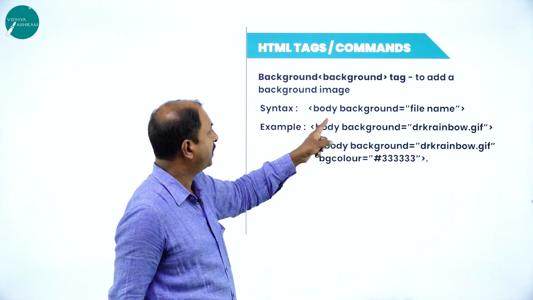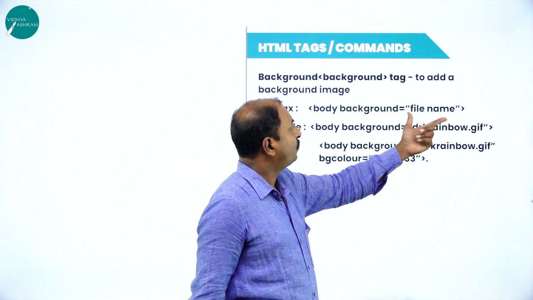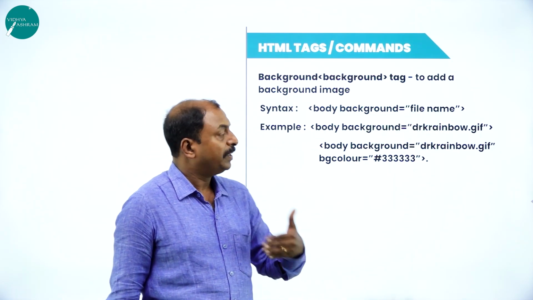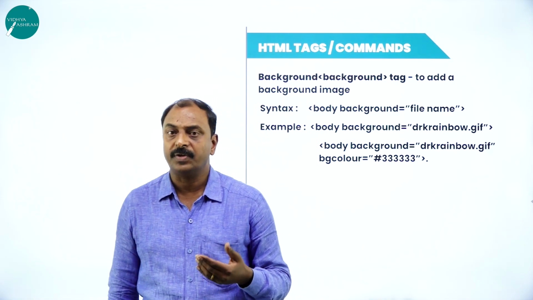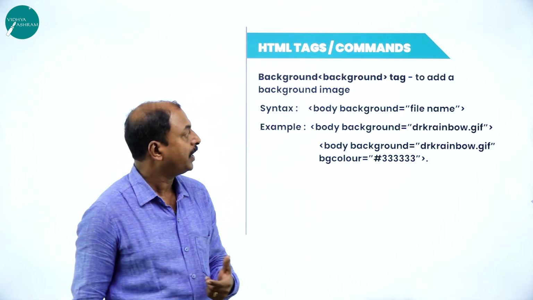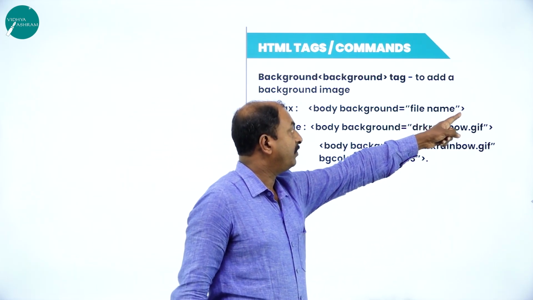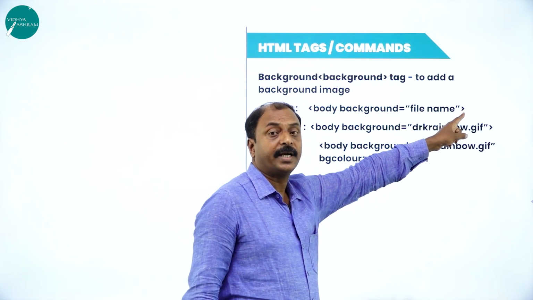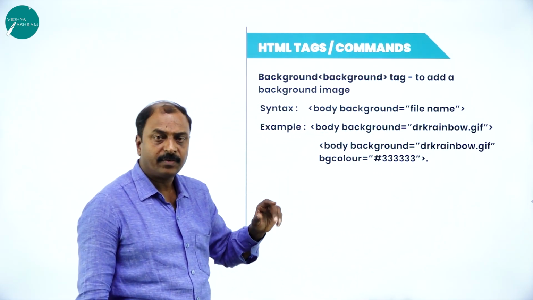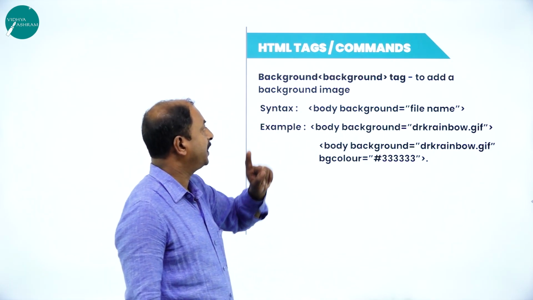So open the body tag here, write background equals to file name, and this file name we have to write as the background image file name along with its exact location or exact path. And here that is the file name. Then we are closing this body tag here. So background we are using along with the body tag.